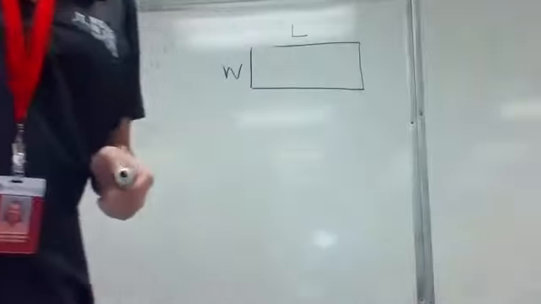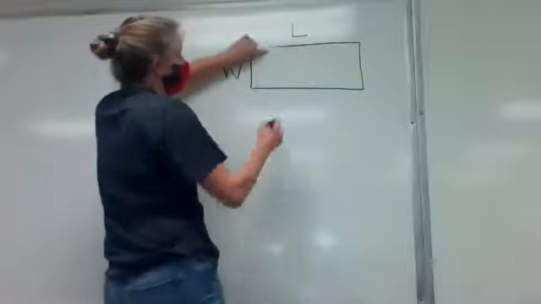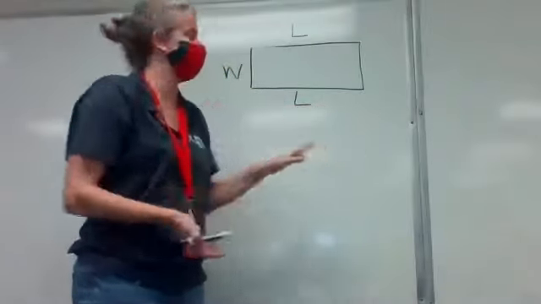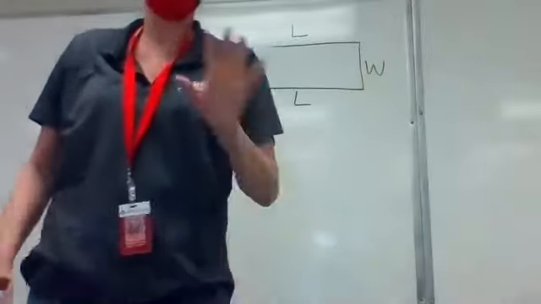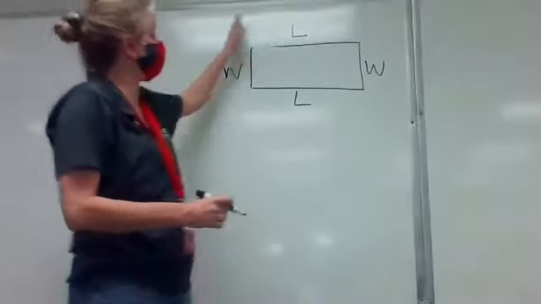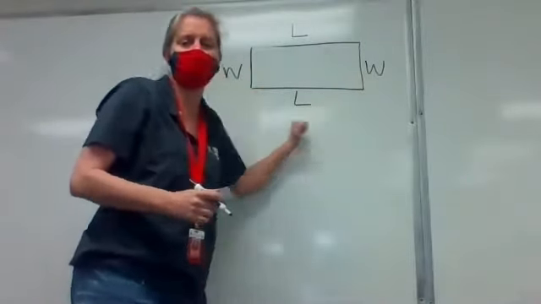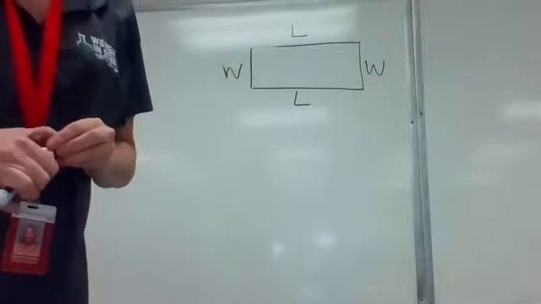If it is a rectangle, that means this side is the same exact length as this side. Rectangles are the same on the top and bottom, same here. The widths are the same. Your perimeter is the distance around this rectangle. If I added all of the sides together, that's what the perimeter would be.